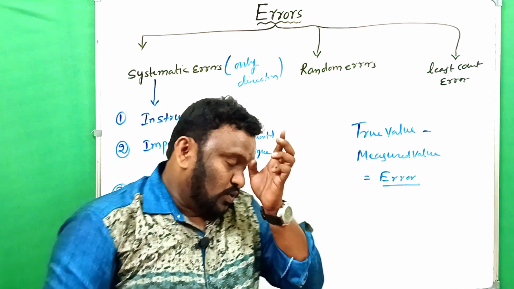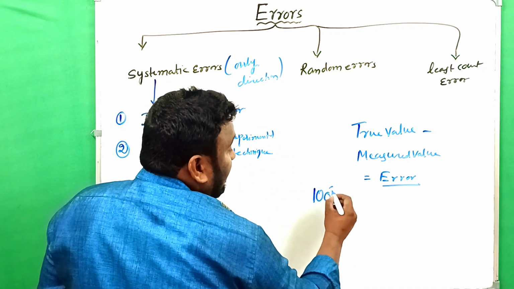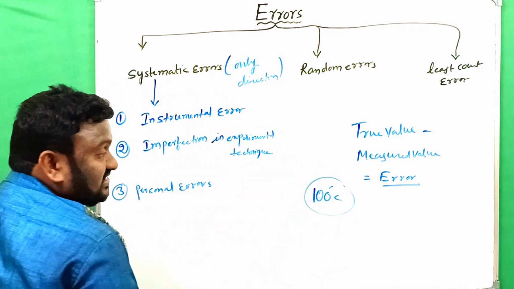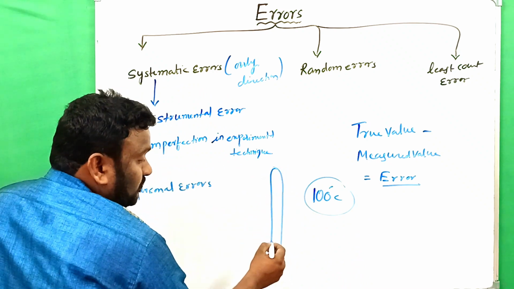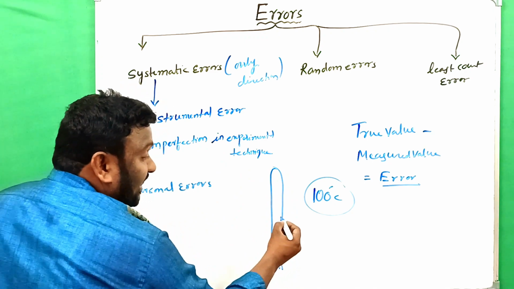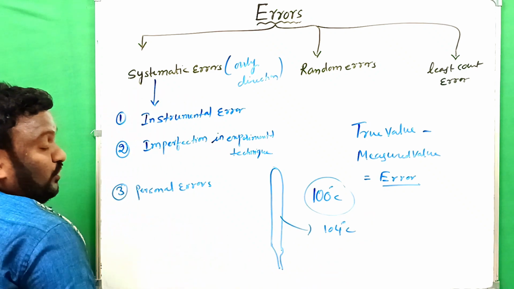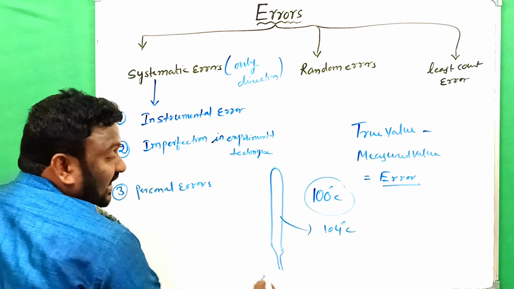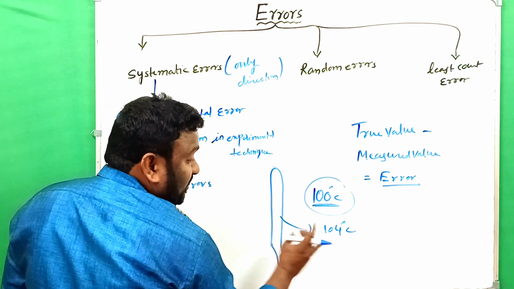For example, we know the boiling point of water is 100 degrees Celsius. You are doing the experiment using some thermometer, but it shows 104 degrees Celsius. Actually the boiling point of water is 100 degrees Celsius, but it is showing 104.